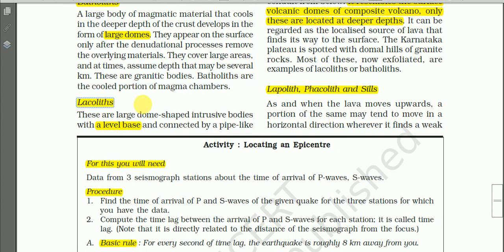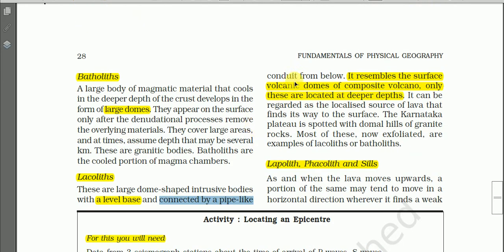The next intrusive form is Laccolith. These are large dome-shaped intrusive bodies with a level base, connected by a pipe-like conduit from below. It resembles the surface volcanic domes of a composite volcano, only these are located at deeper depths.